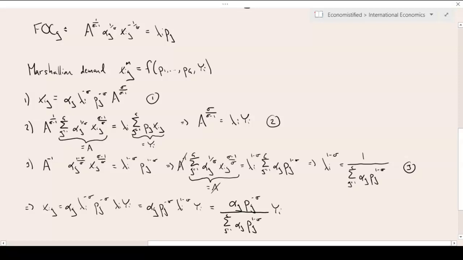Remember, in the denominator here, we have a sum over all the g's, so of all the different prices, and of the consumer's income, which is just yi. So this, I'm just going to write xig here. This is our expression for Marshallian demand of good g.